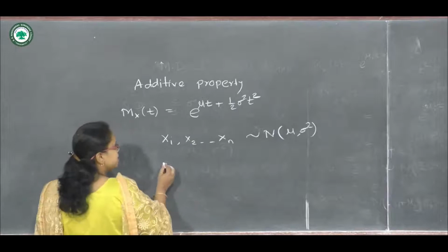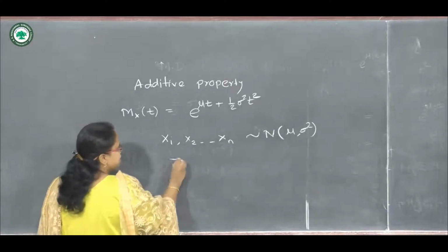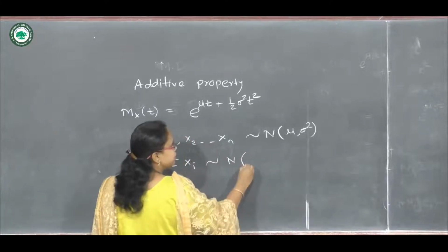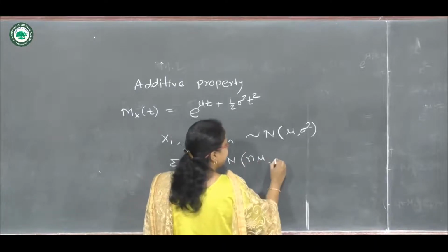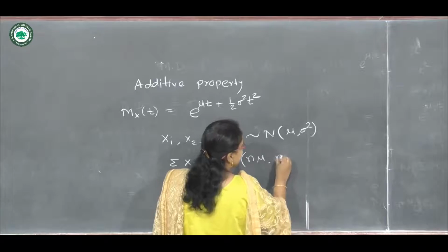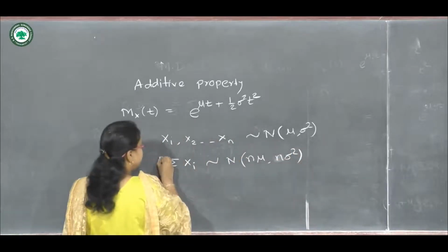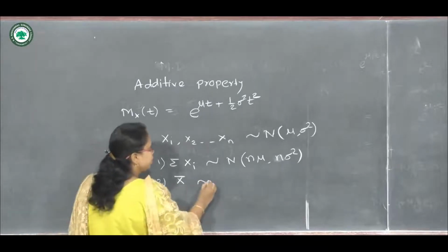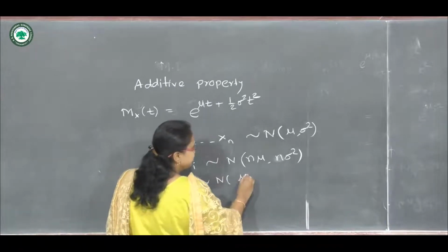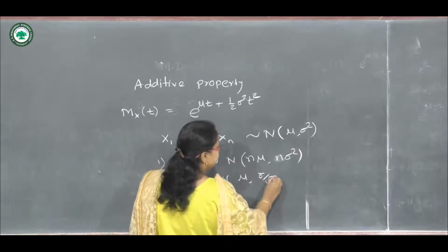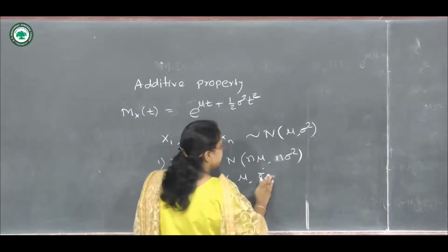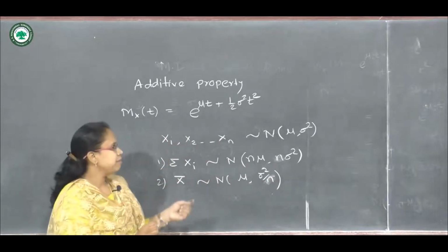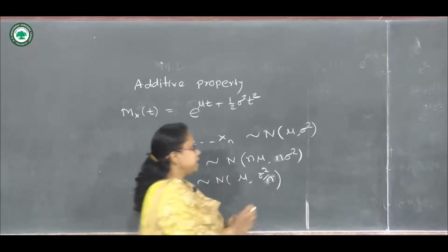So in this case we can write that summation xi will follow a normal distribution with n mu and n sigma square. So this is the first, and x bar, the mean, will follow normal with mu comma sigma square upon n. We can prove this corollary by using the MGF property.